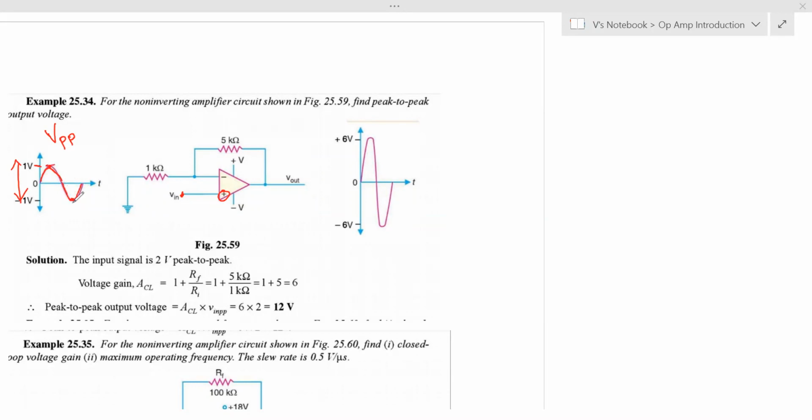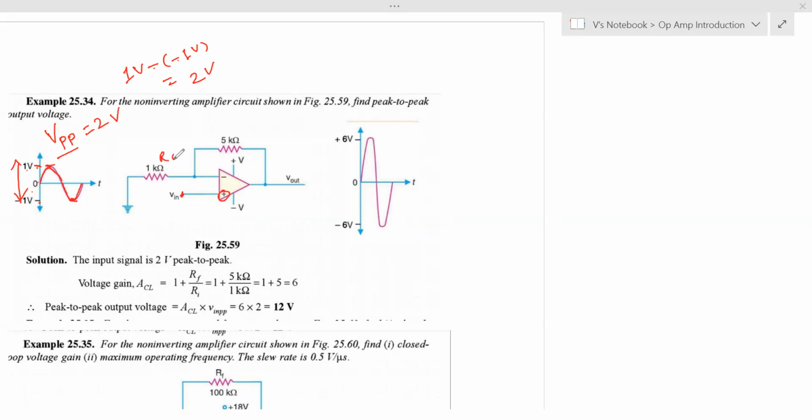So positive peak and negative peak, what is their voltage difference? That is V peak to peak voltage. So above 0, 1 volt, below 0, 1 volt, right? So 1 volt minus of minus 1 volt, minus will become plus. 1 plus 1 is 2 volt. So V peak to peak is 2 volt, right?